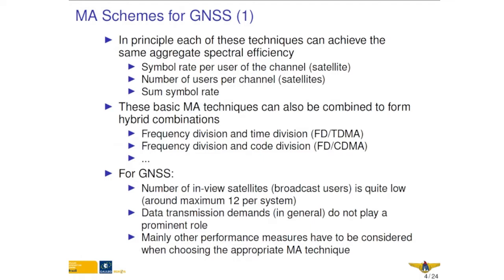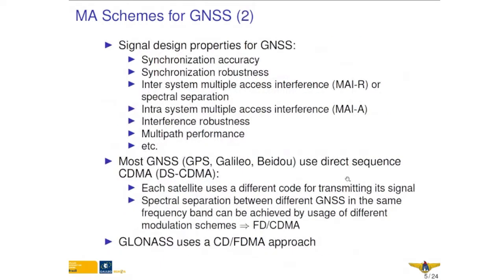For GNSS, different properties are important than for communication systems. These characteristics are the signal properties for GNSS. It's very important: we're performing synchronization in a GNSS receiver.